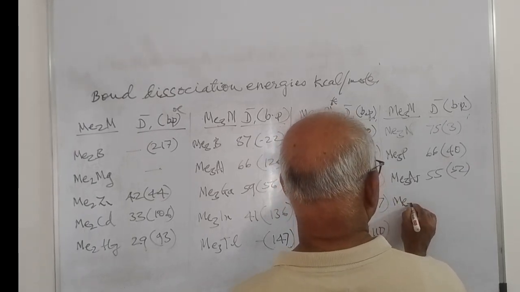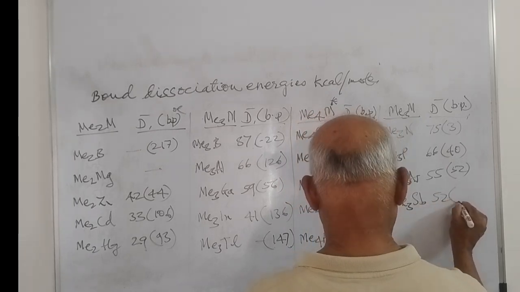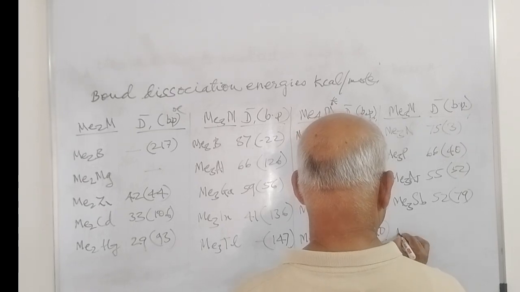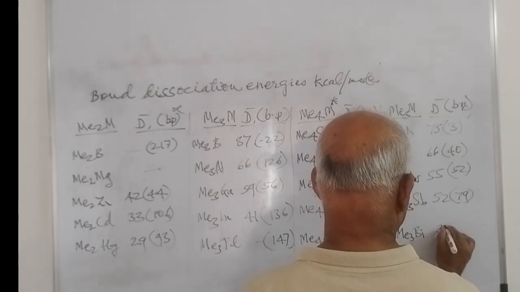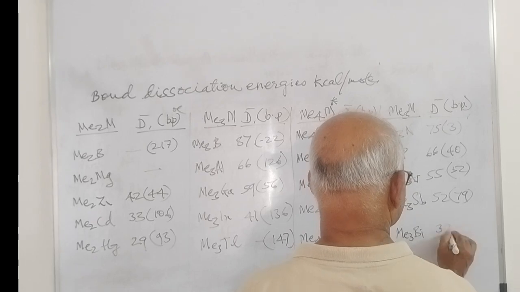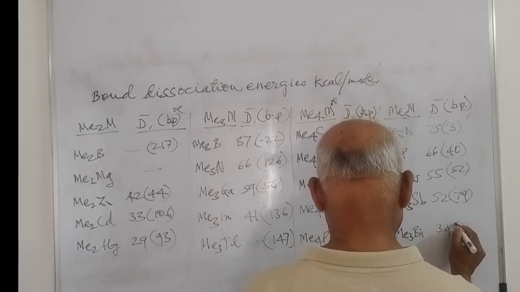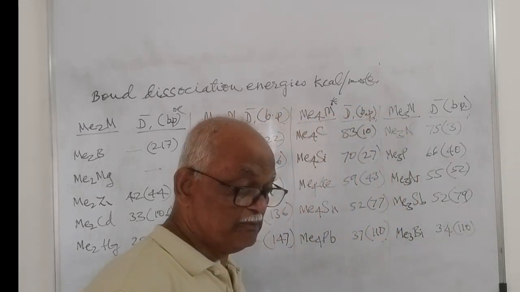Me3Sb has 52 kilojoules per mole and 79 degrees centigrade. And last is Me3Bi has 34 kilojoules per mole and 110 degrees centigrade boiling point.